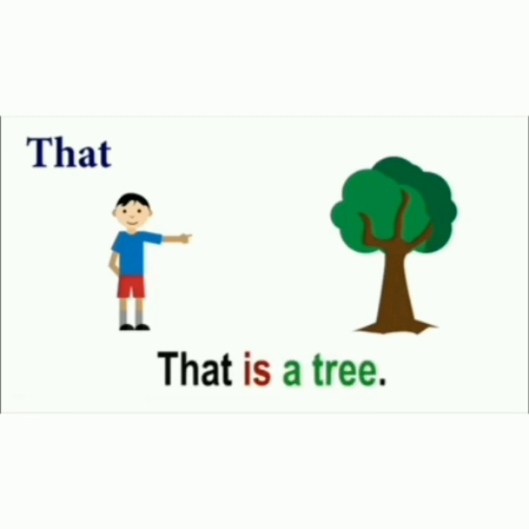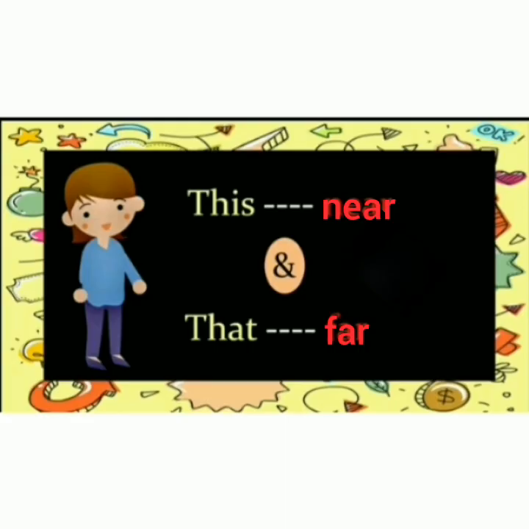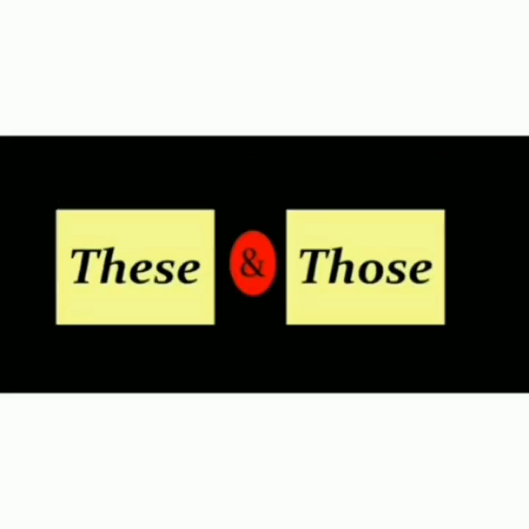So kids, this is used for one thing near to us and that is used for one thing far away from us. Now let's see when we use these and those.